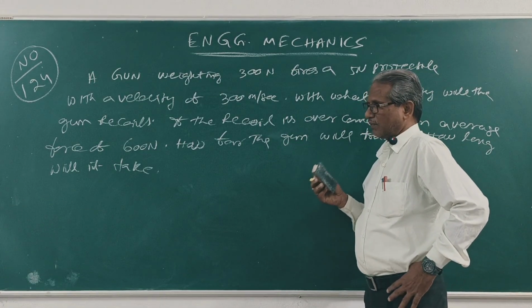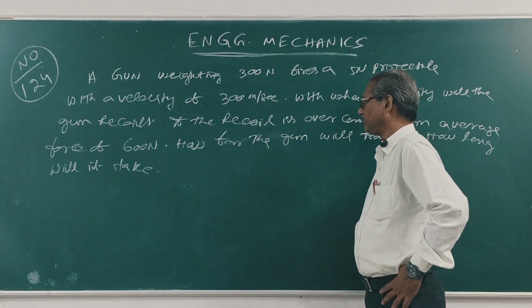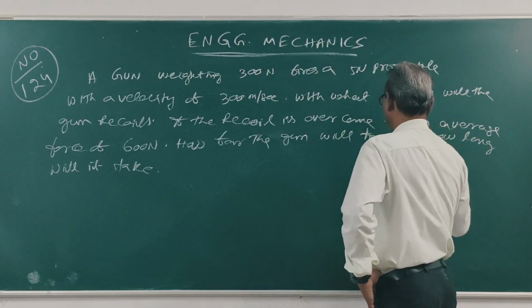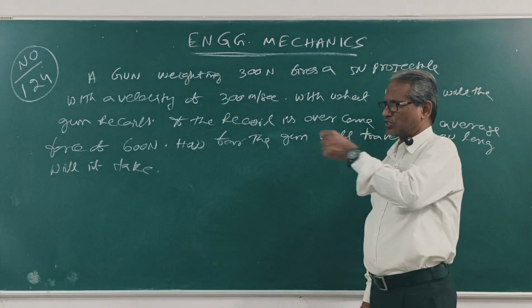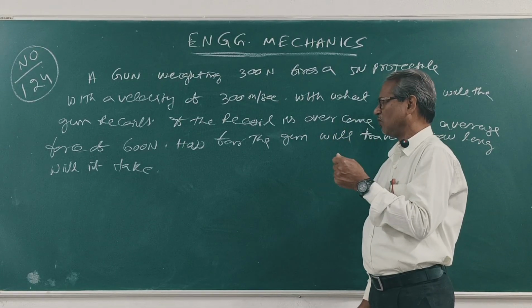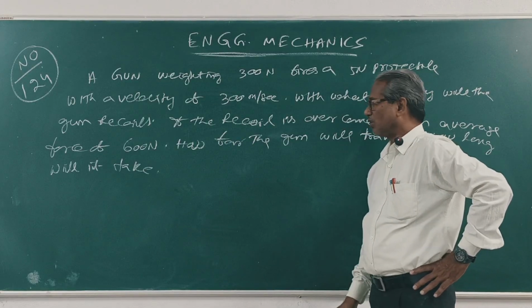Clear? When the projectile moves forward, the gun will recoil backward. What is that velocity? If the recoil is overcome by an average force of 600 Newton, we are giving force in the opposite direction of the recoil of the gun to stop the gun. That force is 600 Newton.